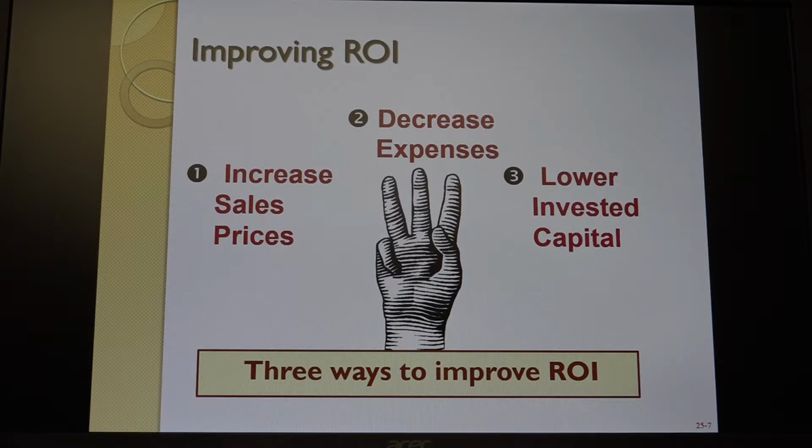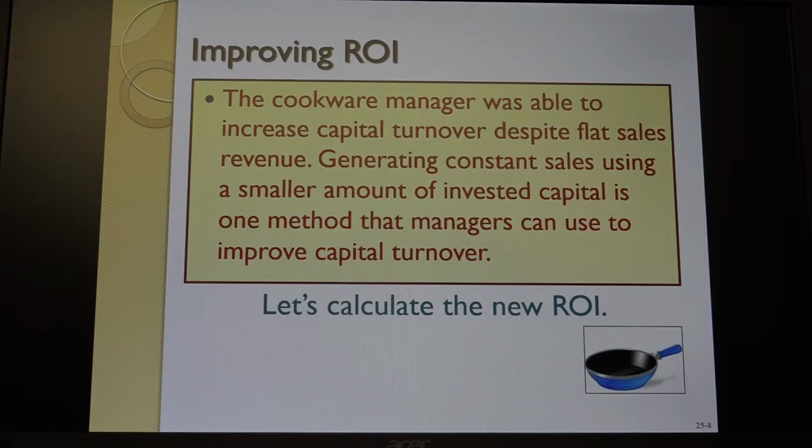There's no incentive to look long-term, or very little incentive to look long-term if you're using ROI exclusively as your gauge for performance. And so here, let's see where they are in the book.